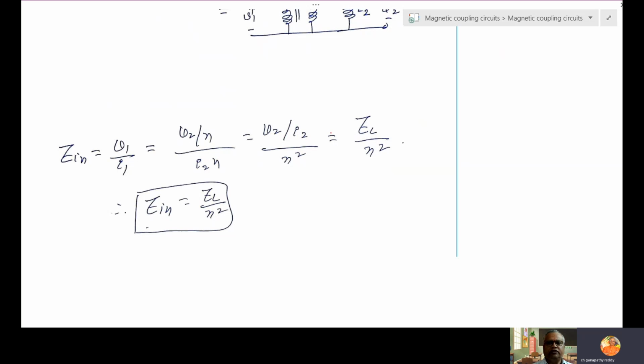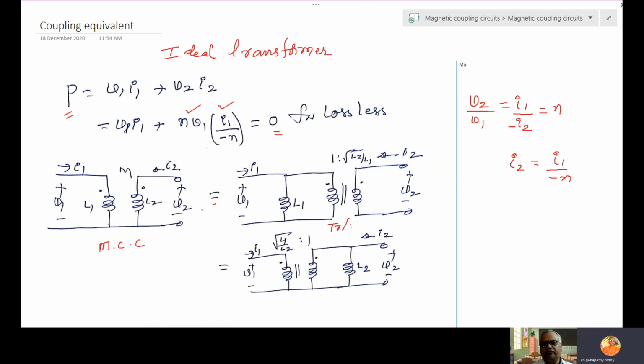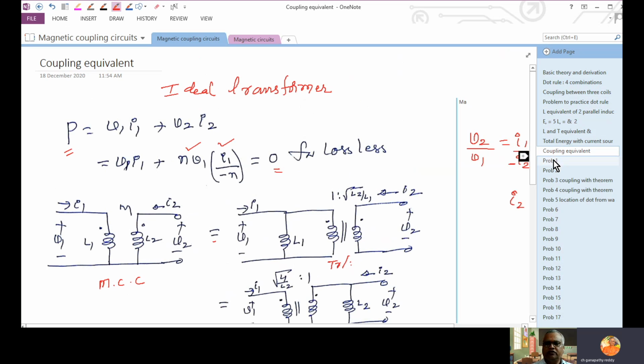But V2 by I2 is ZL, so ZL by N square. So it's a simple proof. Zn is ZL by N square. If we are looking from the secondary, it is ZL into N square. All these possible formulas I am telling you, remember them, they are helpful in solving problems.